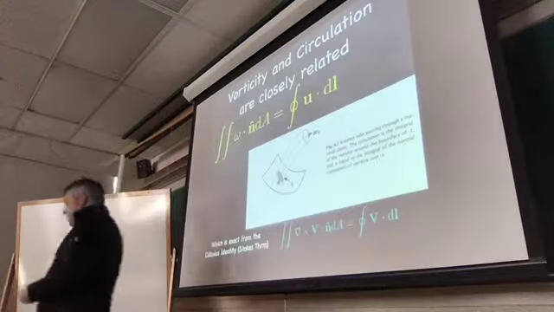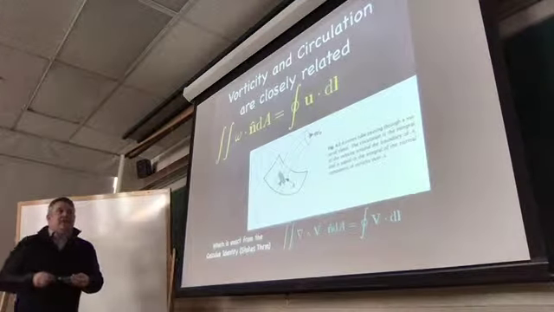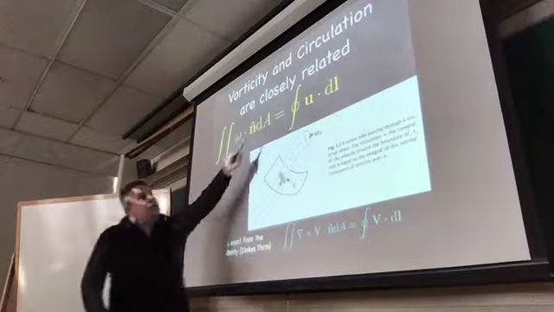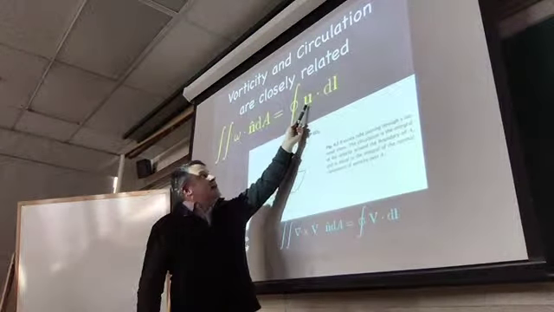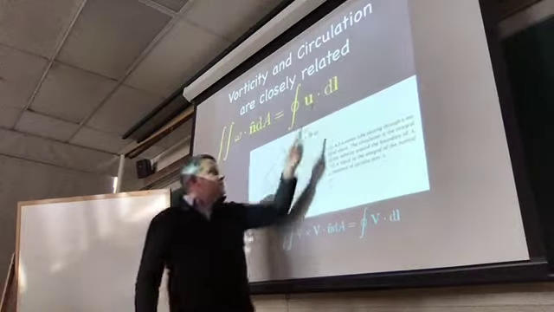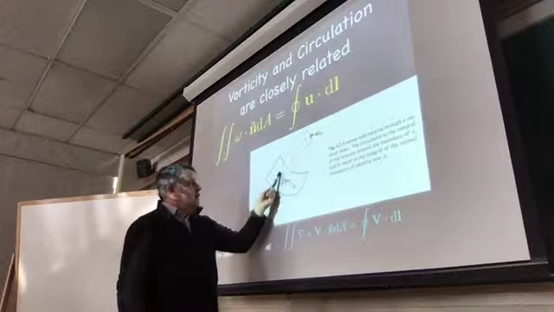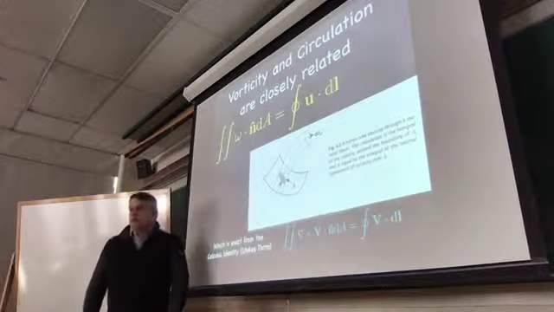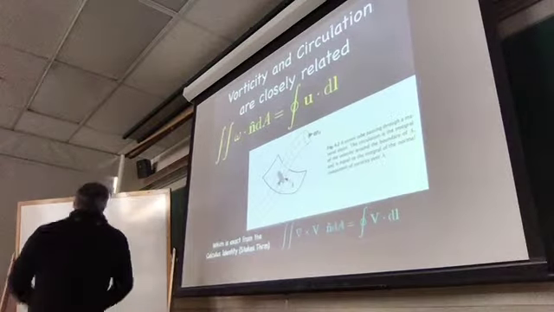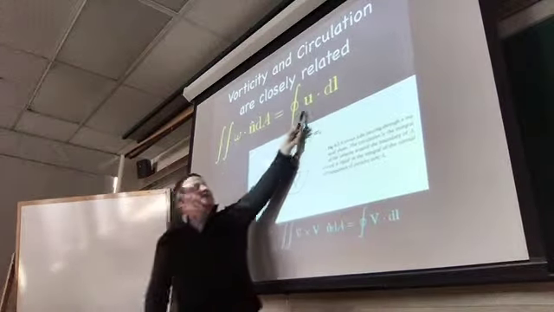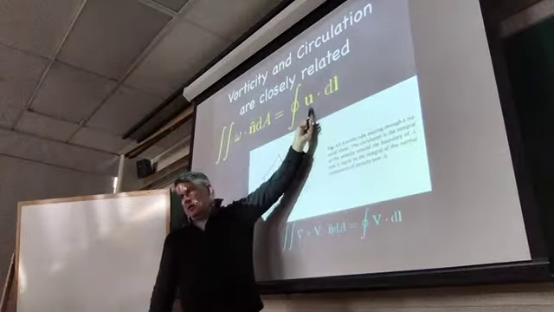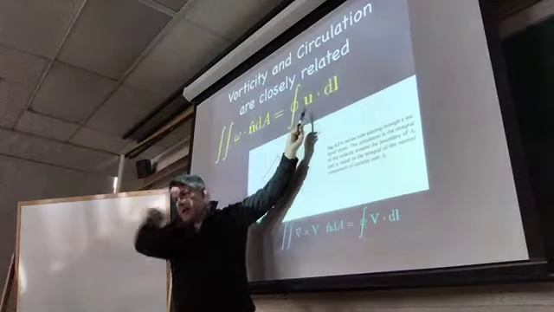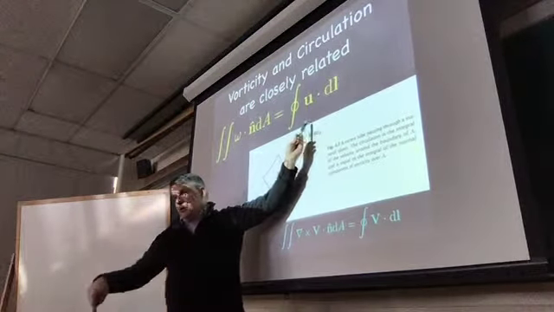So vorticity and the circulation. This is the circulation. It's the velocity dotted into an integral of length as I go around a closed loop. So the circulation would be the integral of my displacement dotted into the velocity in the direction I was moving as I went around the loop.